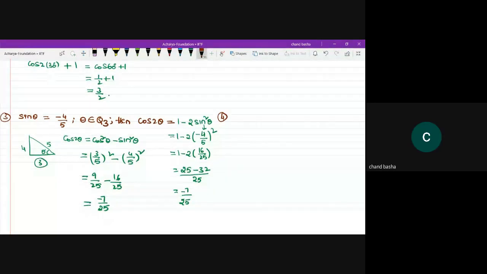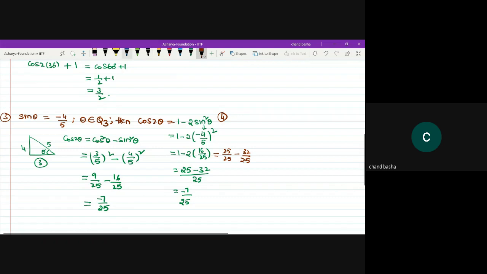To make this 25, you can multiply and divide. In the next step I get 25 divided by 25 minus 1. Can we write 25 by 25? 16 into 2 is 32 by 25. 25 is the common denominator, numerator 25 minus 32. Clear?